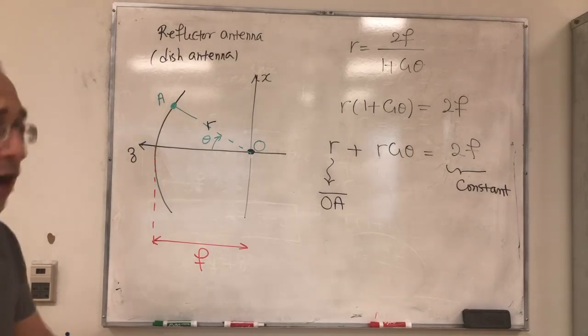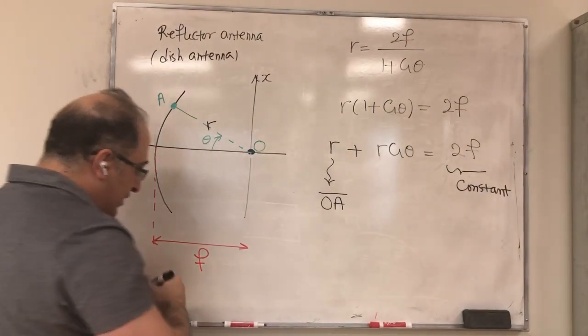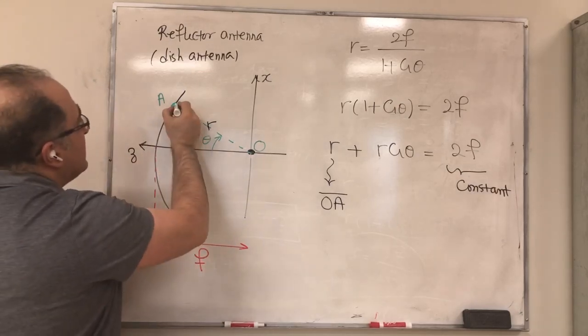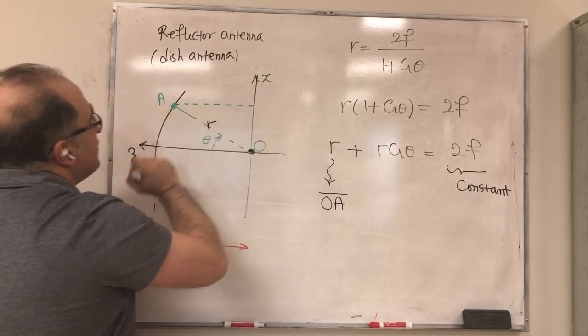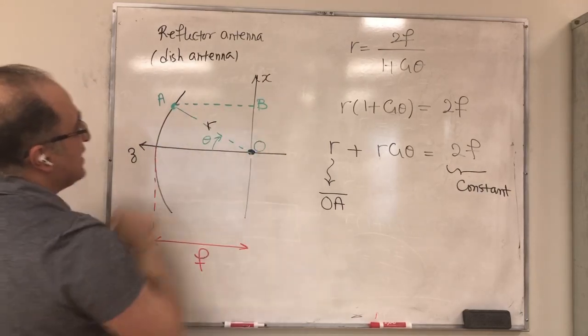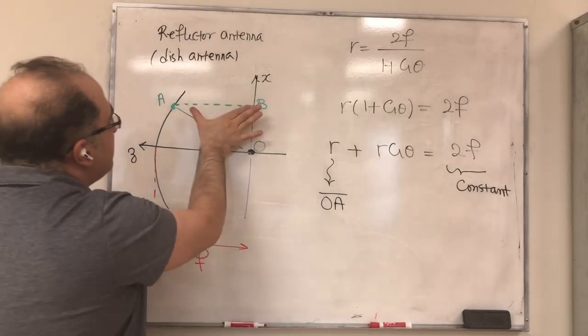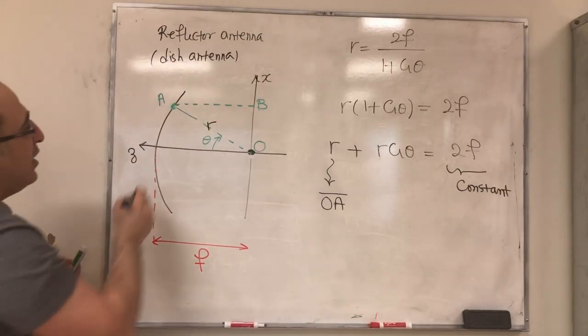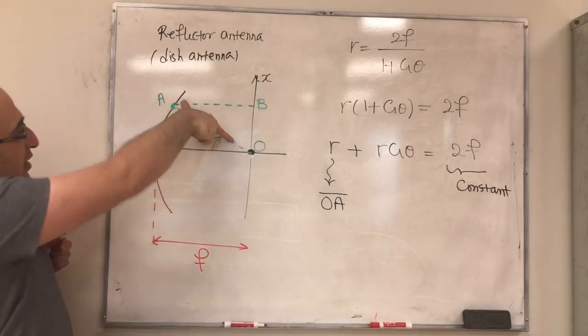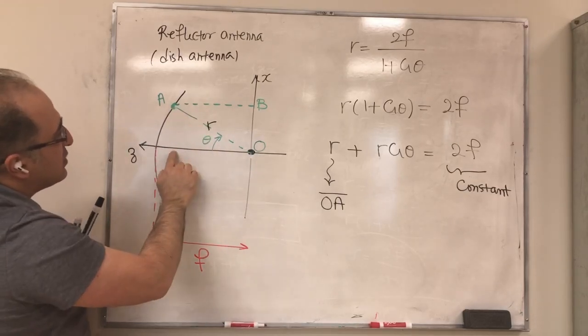Now what is r cos theta? If you have this distance here, let's call this B, and AB is parallel to the z-axis, then this is in fact r cos theta, because if you project r on the z-axis, you get r cos theta here.